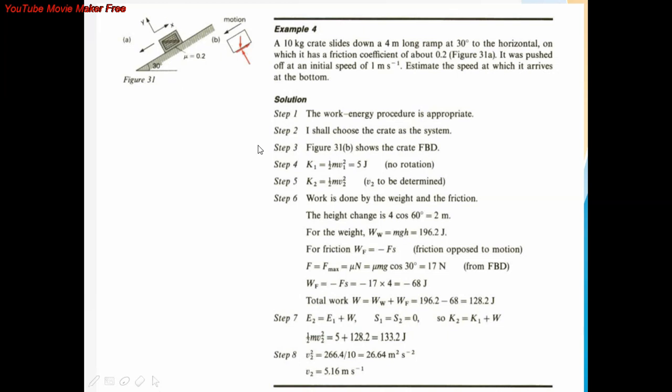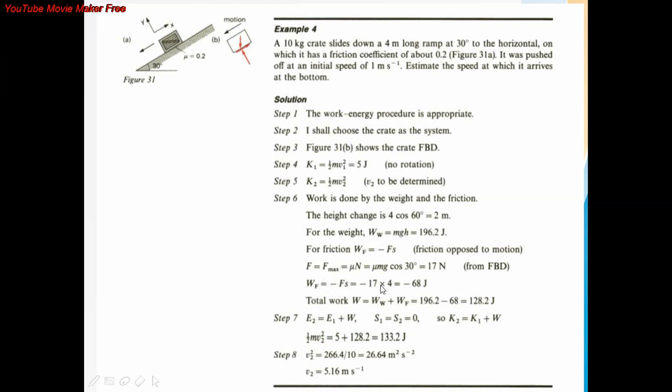This you already know. If you don't understand, we can talk about this on a Zoom meeting also, right? So this is mu mg cos 30 degrees. Once we solve this, mu we know is 0.2, m we know is 10 kg, g we know is 10 meter per second squared. Putting the value of cos 30 degrees, we get an answer of 17 newton.